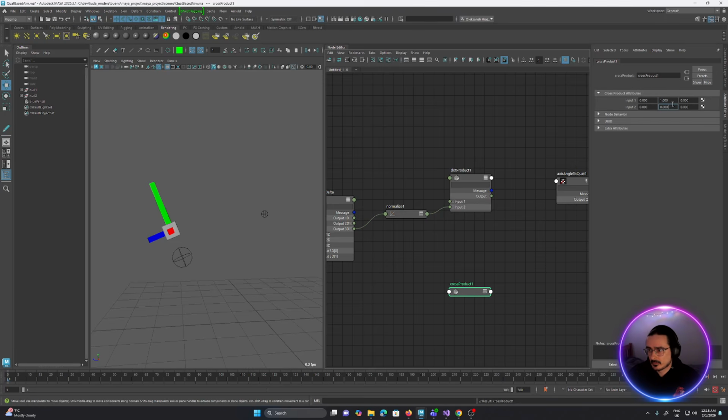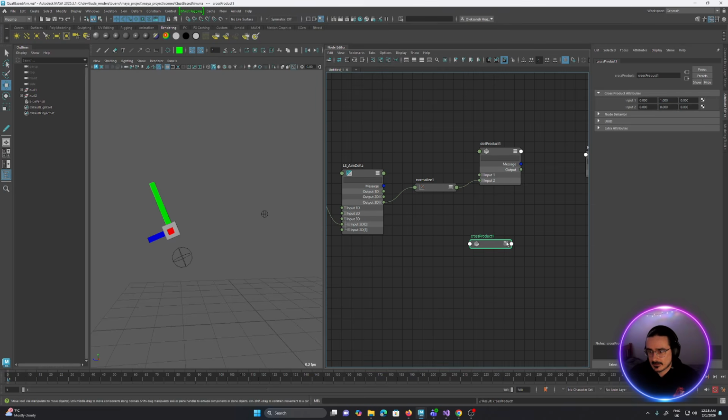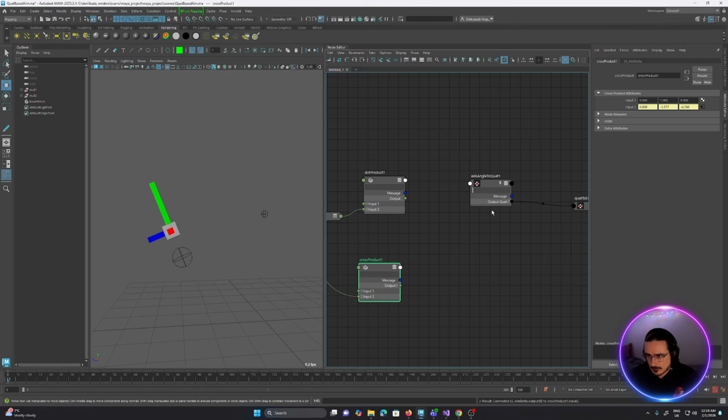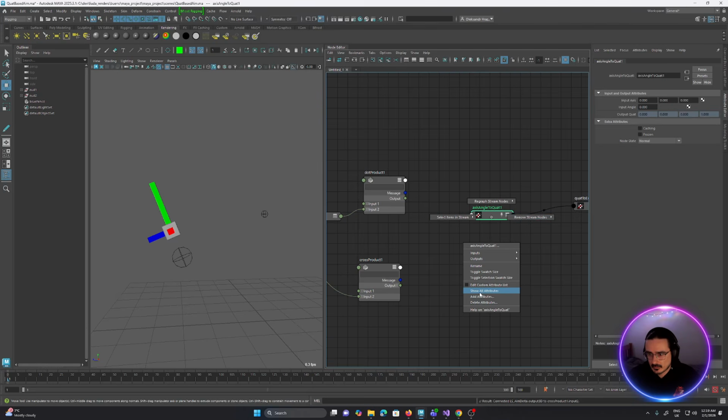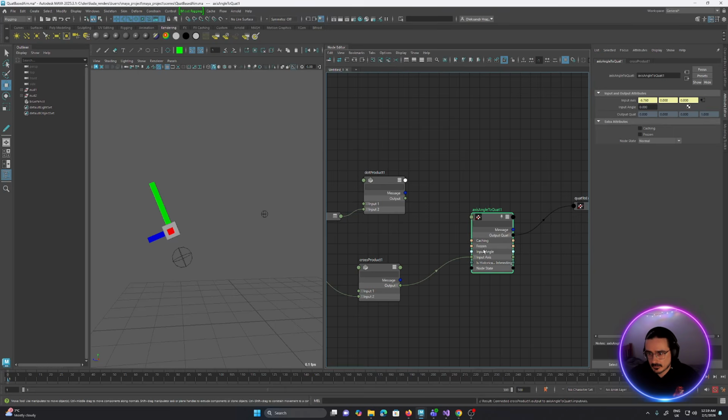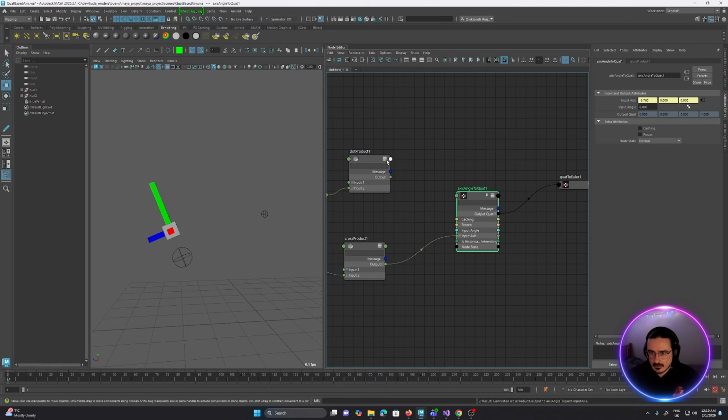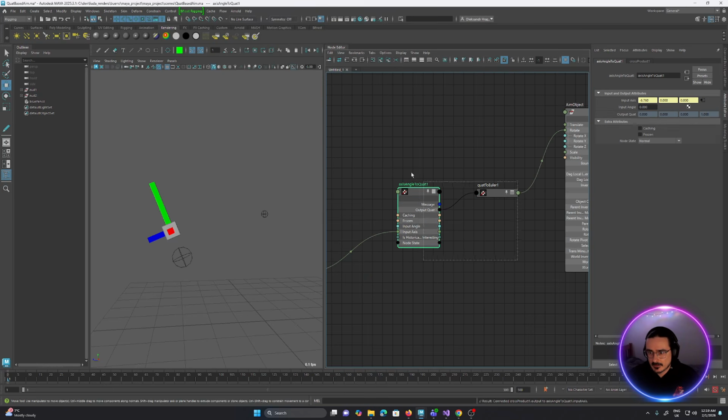The first input would be our y vector, this vector, and the second one would be our aim delta, local space aim delta. And we don't need to normalize it here in Maya because our axis angle to quaternion would do the normalization for us when we plug in our input axis.